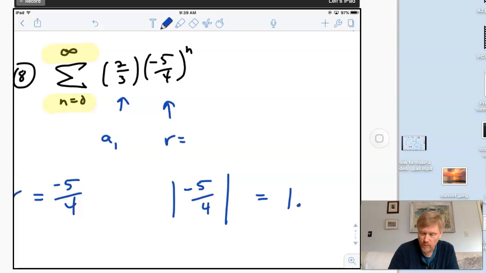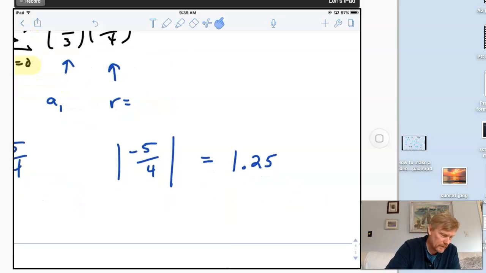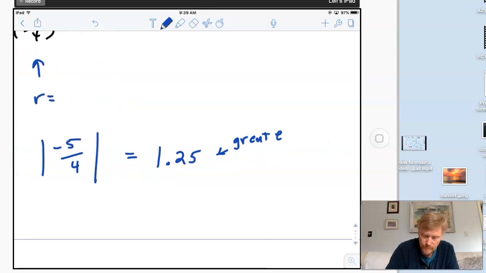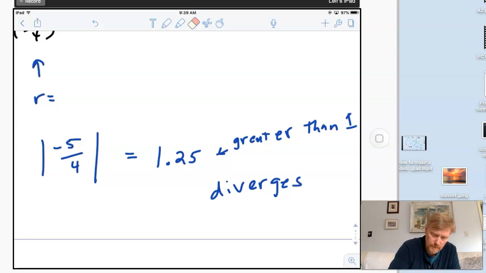So that's actually 1.25 if you do it out. And since that is greater than 1, this diverges. And since it diverges, there is no sum.